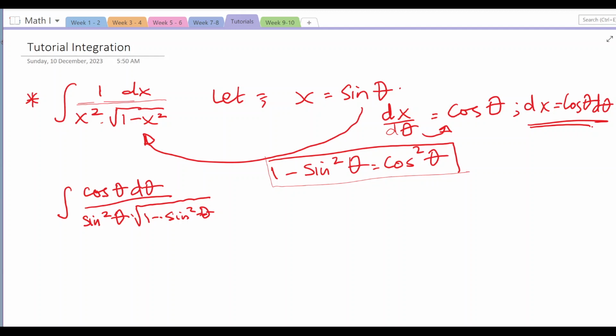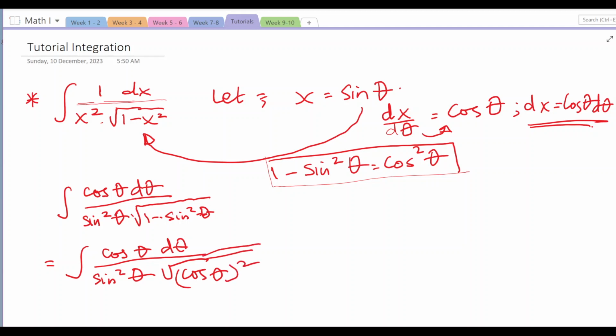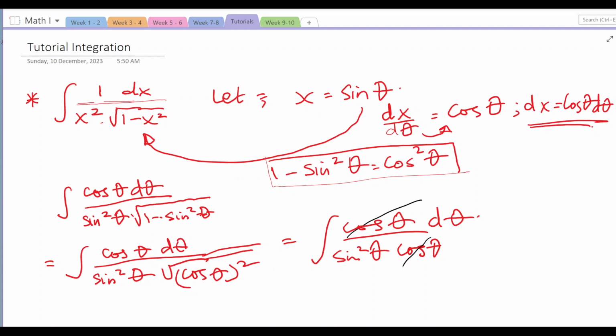And then the whole thing becomes cos theta d theta over sine squared theta times square root of cos squared theta, and therefore equals cos theta over sine squared theta times cos theta d theta, which then we can cancel the cos to simplify the problem to become only the integral of 1 over sine squared theta d theta.